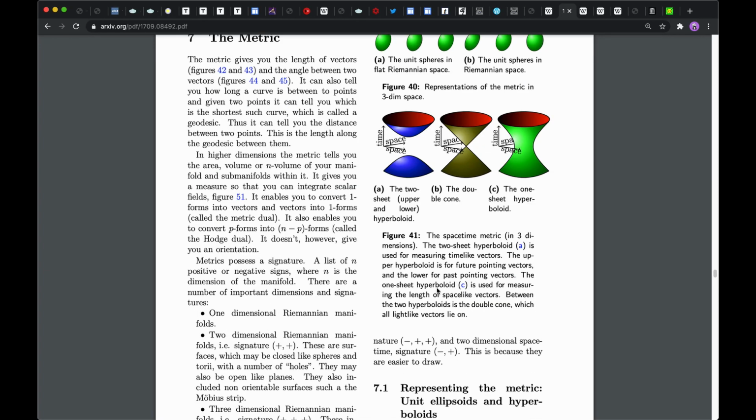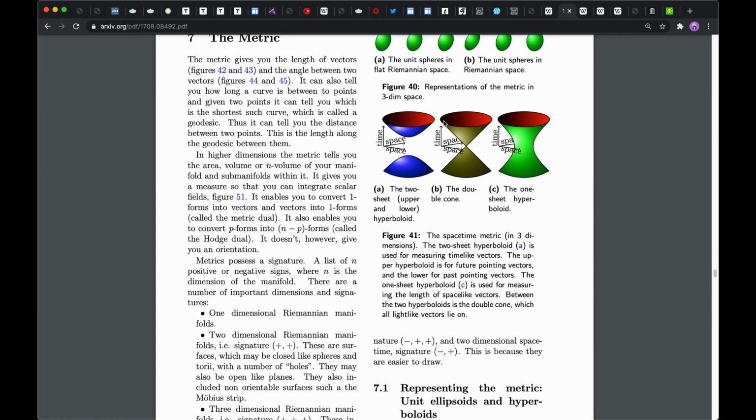Yeah, and in picture 41 here we have the space-time matrix, which we have seen in special relativity theory, and basically equidistant surfaces will depend on and have different forms for different vectors. So to measure time-like vectors, you use picture A, the two-sheet hyperboloid here, and those surfaces will be concentric ones for different vector lengths.